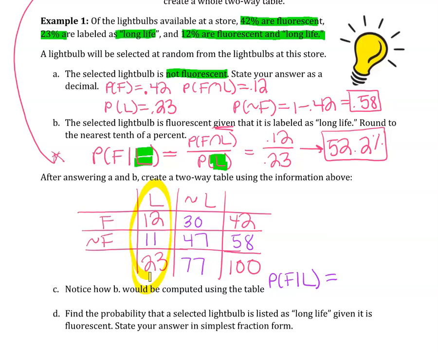So there's 23 light bulbs that are long life, 12 are fluorescent, so that gives me the probability of 12 out of 23, which again, if I do 12 divided by 23, it's ultimately going to end up being 52.2% again. Okay, and that's why that formula works. So it matches exactly what I computed up above.